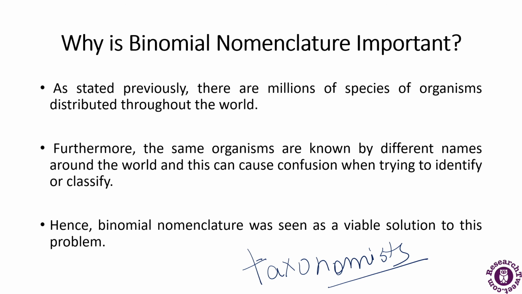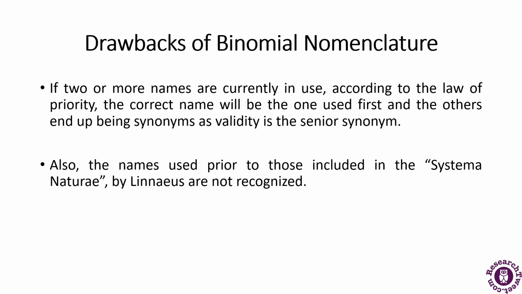Now what are the drawbacks of binomial nomenclature? If two or more names are currently in use, according to the law of priority, the correct name will be the one used first, and the others are used as synonyms, as the validity is the senior synonym.